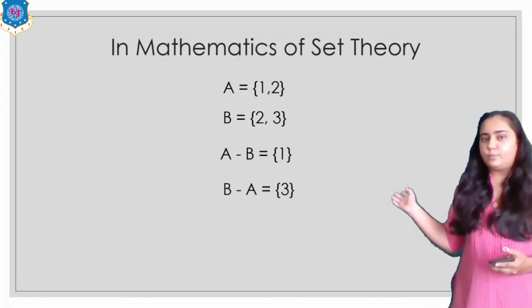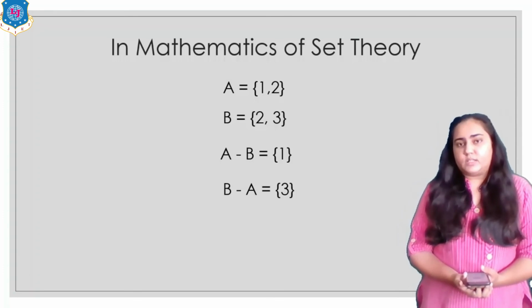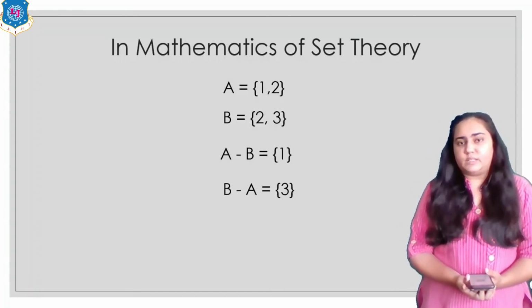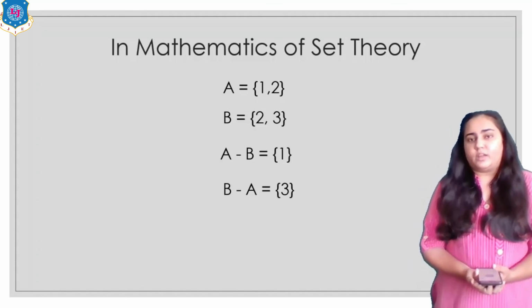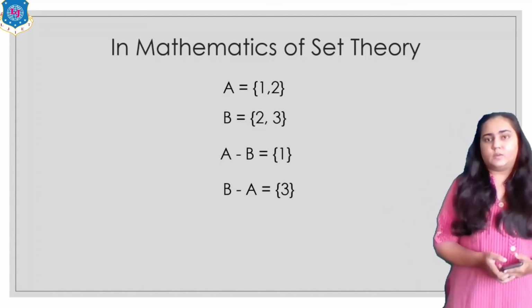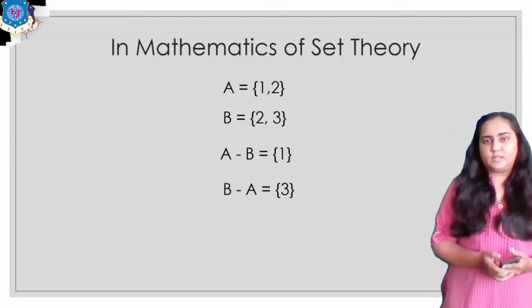And if you were to do B minus A, then the element in B which is also present in A will be removed, which means again 2 will be removed from B this time, and we are left with 3. So that's how it works in set theory in mathematics.